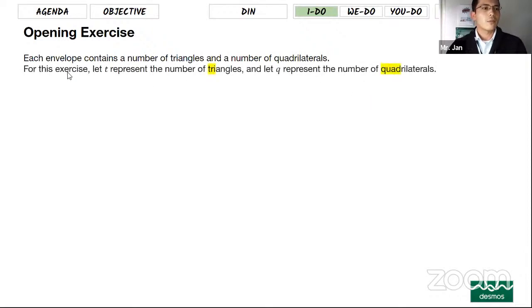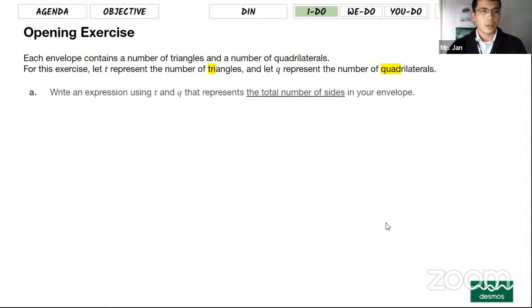For this exercise, we're going to label the number of triangles with T, the first letter of triangle. The reason we're labeling with a letter is that we don't know how many triangles we have. If you remember about variables, a variable is an unknown thing, right? And let Q represent the number of quadrilaterals. Okay, so we have 2 variables, and let's move on.